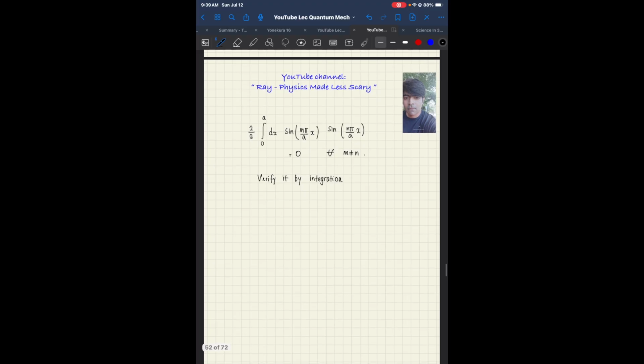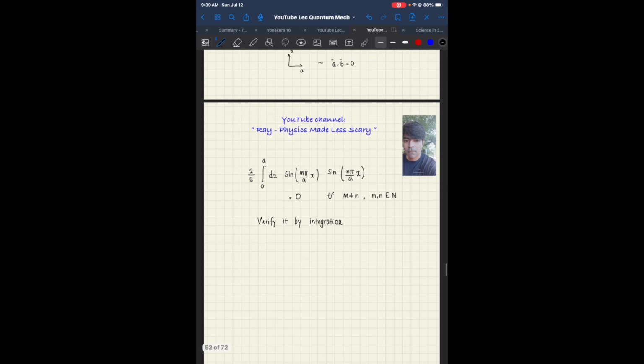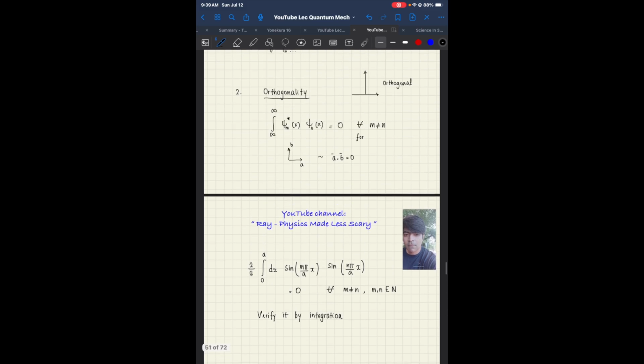Of course, m and n are natural numbers, right? So you see that this is the same formula that I wrote here. Oops, I missed a dx. You see this is the same formula, right?